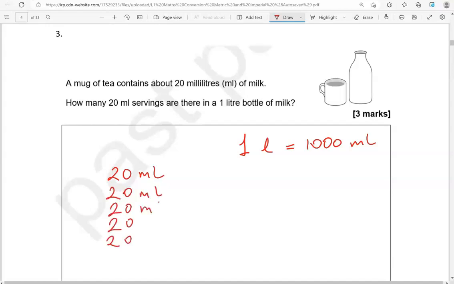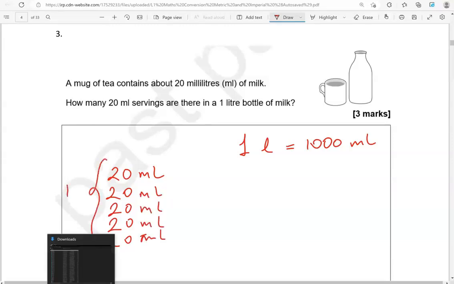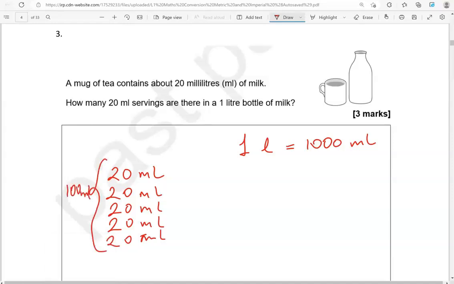5 lots of 20 will make 100. So with 100 milliliters of milk, we can make 5 mugs of tea.